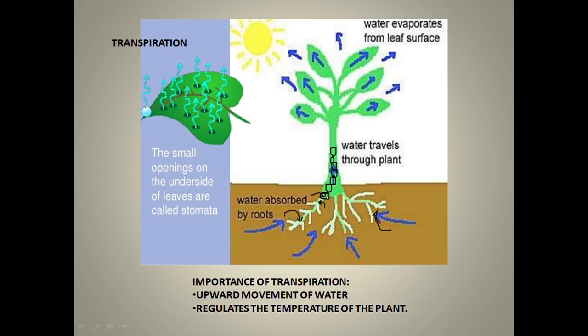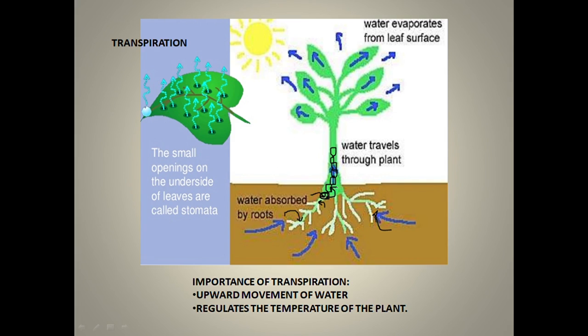Once it reaches here, one cell, this particular xylem has less water content compared to this one, right? Because there is a difference in water concentration. Now what happens? Water will diffuse into this cell.